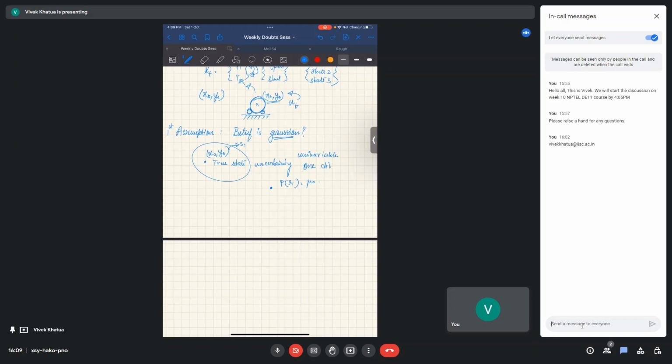So the point is clear. Then I'll move to multidimensional. Here I would say that there is only x naught rather than x naught comma y naught, and this is my probability distribution. Let's take x naught equal to 0.